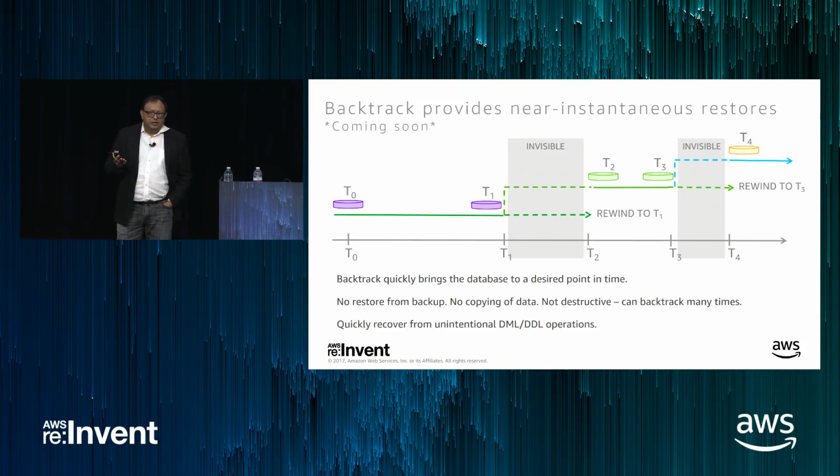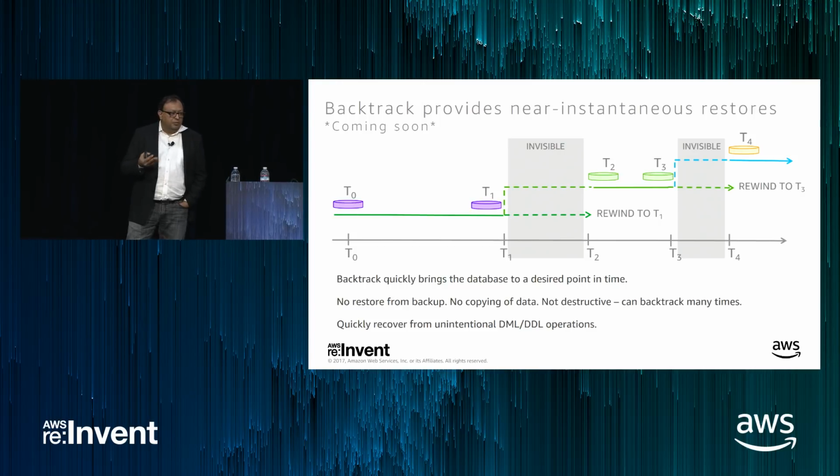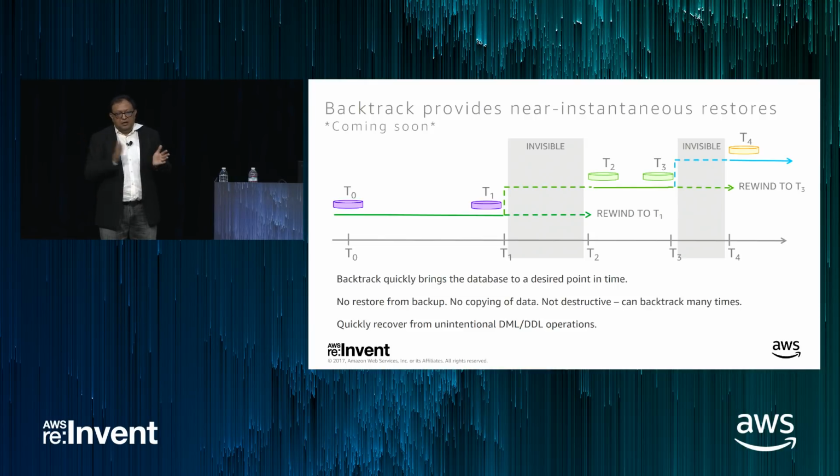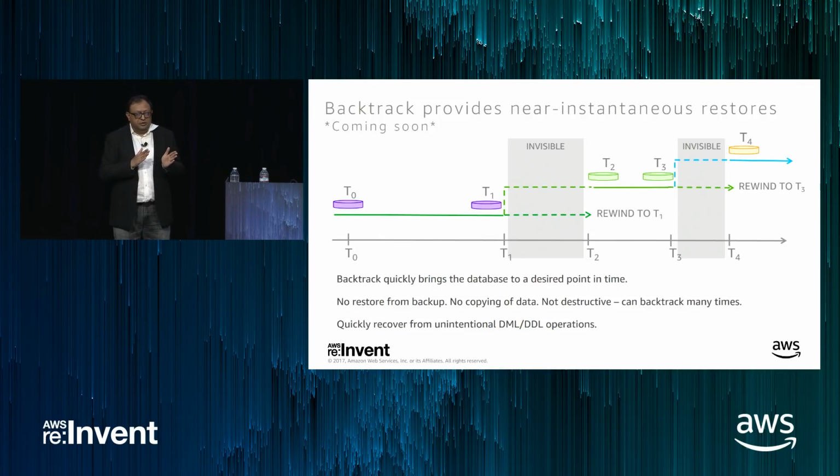essentially near instantaneous restores. And what we're doing here is we're saying, we're not destructively writing data on disk, and we're garbage collecting it. If you said you wanted to keep an extra gigabyte of data, which represents an hour of log creation in your database volume, you should be able to pay for it and then be able to restore backwards in point in time, right?